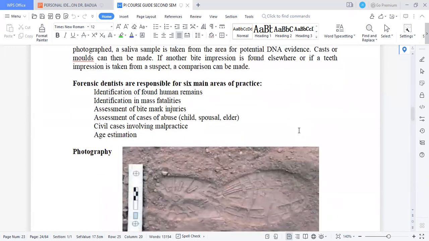So as you would see in here, these are the different main areas of practice that a forensic dentist has to perform. They will identify found human remains in mass fatalities. We expect, for example, in the act of terrorism, there is a bombing incident. Aside from that, because of disaster, you would expect mass fatalities.